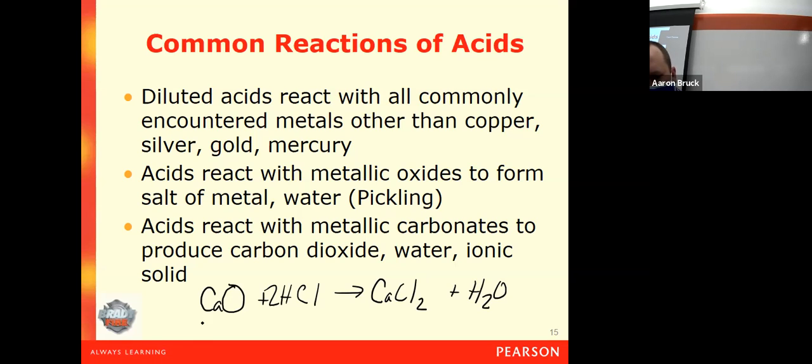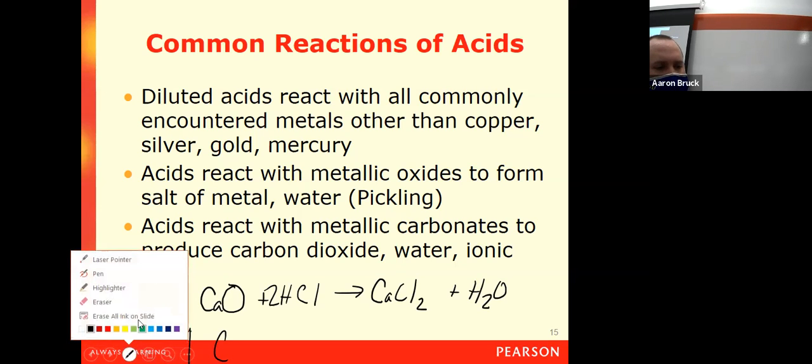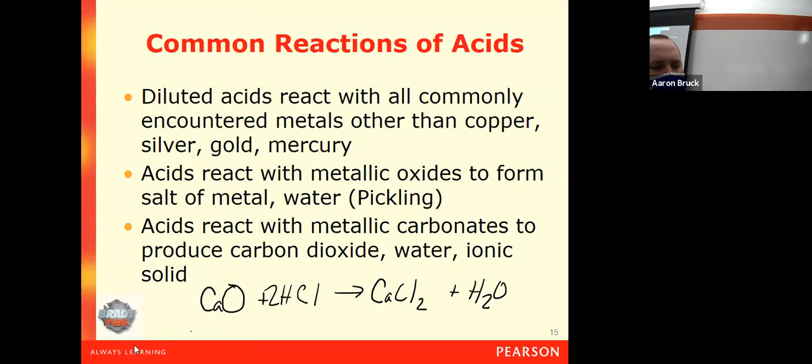Probably the most common example of this that you would know is if I have sodium bicarbonate, which is baking soda, and I react it with acetic acid, the result is water, carbon dioxide, and sodium acetate.